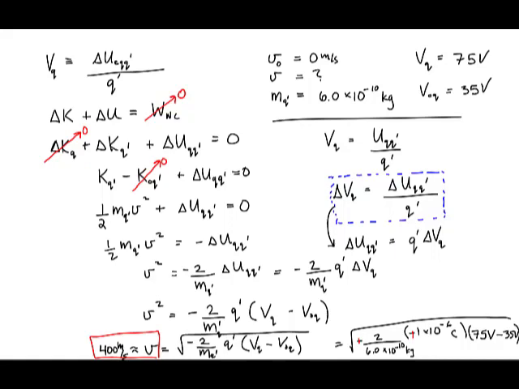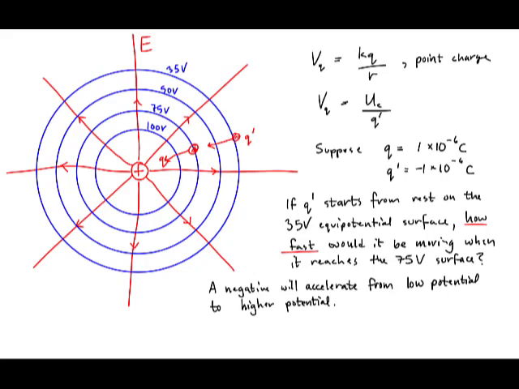Now, notice in this problem that we didn't know the distances between these two equipotential surfaces. We didn't know the distance from the source charge to the 75-volt surface, nor did we know the distance from the source charge to the 35-volt surface. But that doesn't matter, because electric potential is based off of potential energy, and potential energy is an energy of relative position.